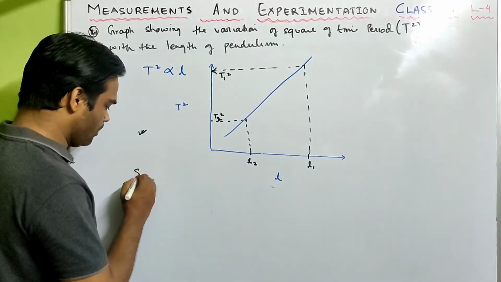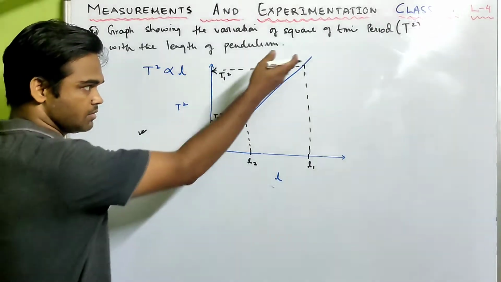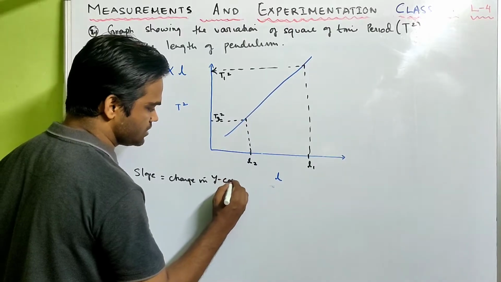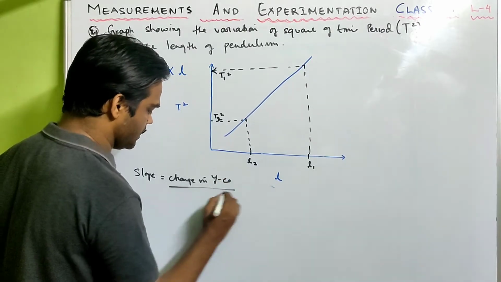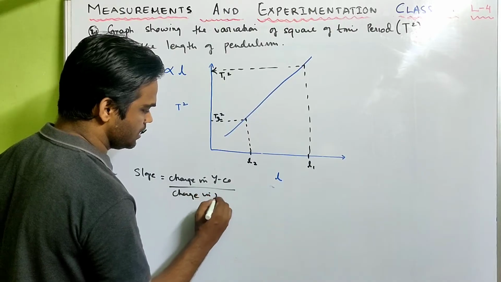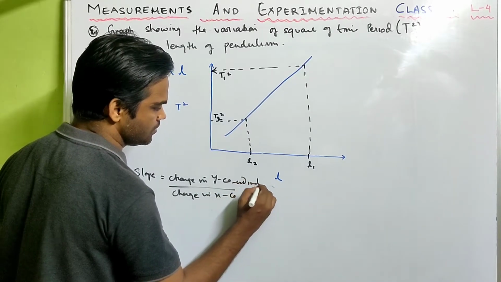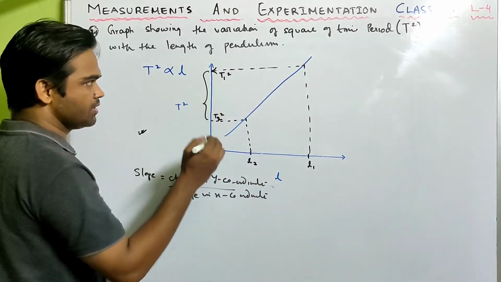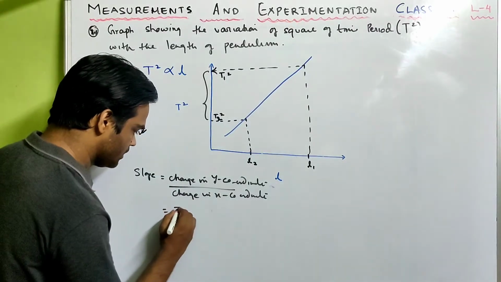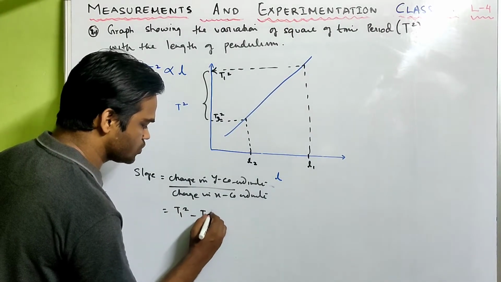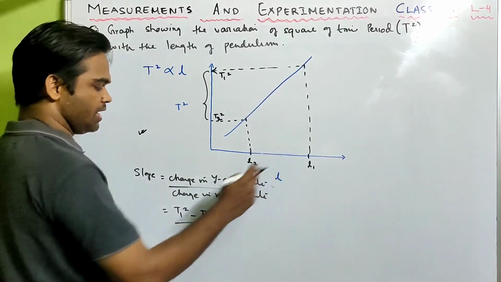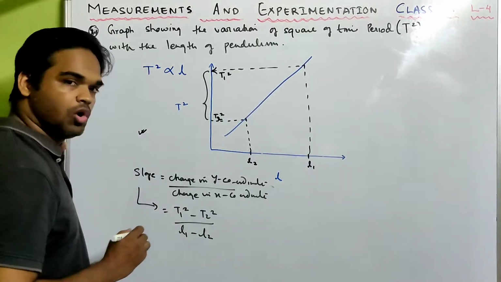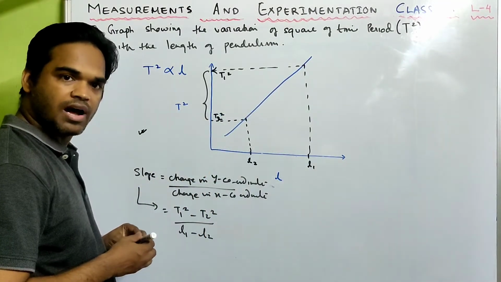So the slope of this line will be equal to change in y coordinates by change in x coordinates, which is simple. Change in y coordinate is nothing but T1 square minus T2 square, and change in x coordinate is L1 minus L2. So this is the slope of this graph.